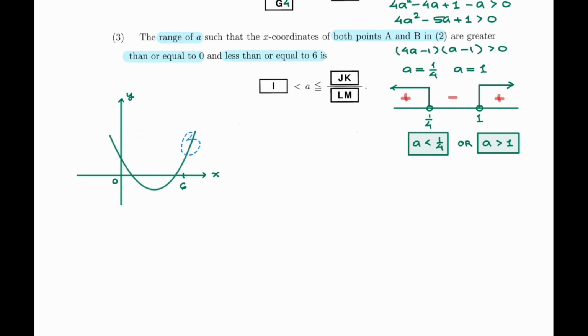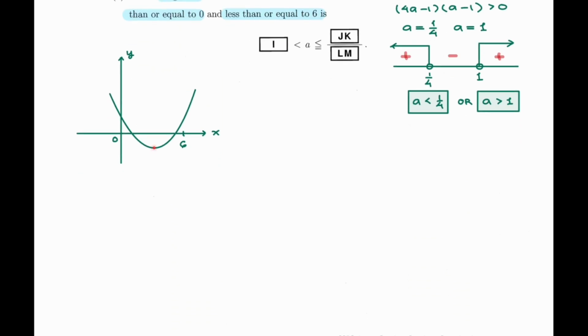From this illustration, you can see that the x coordinate of the vertex must be between 0 and 6.